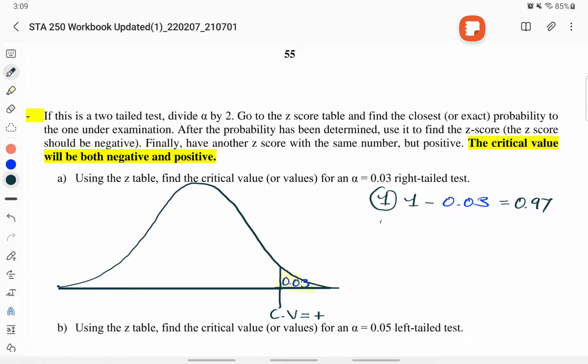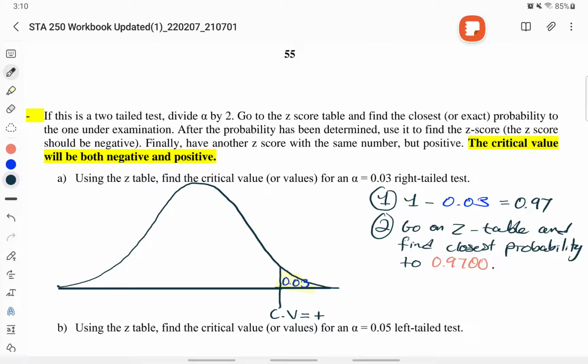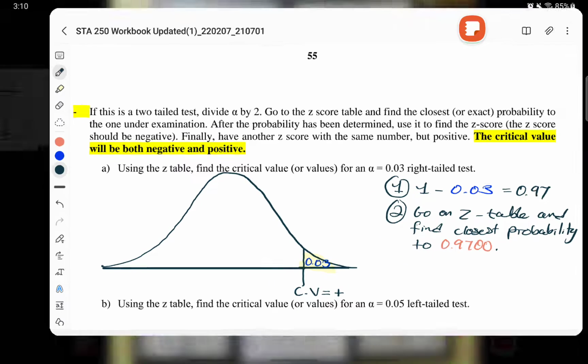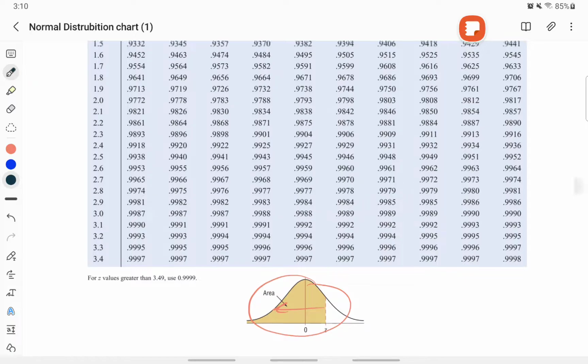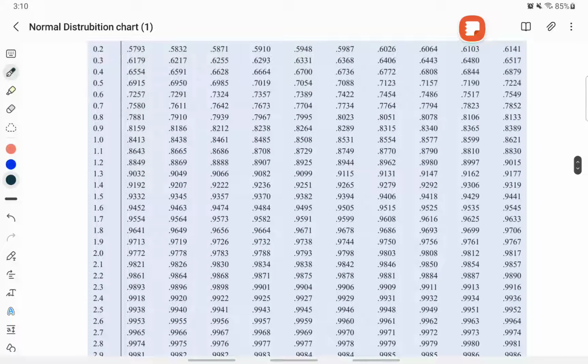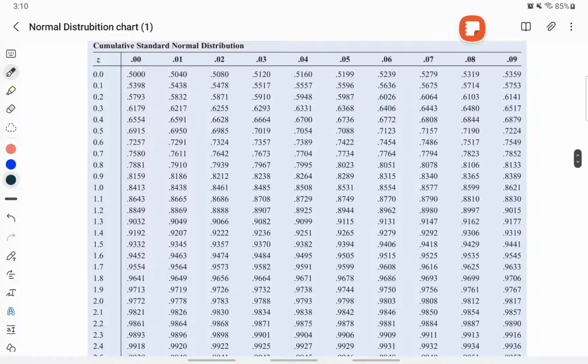After we do that, step number 2: go onto the Z table and find the closest probability to 0.9700. We will find that right here. 0.9699 is the closest probability to 0.9700.